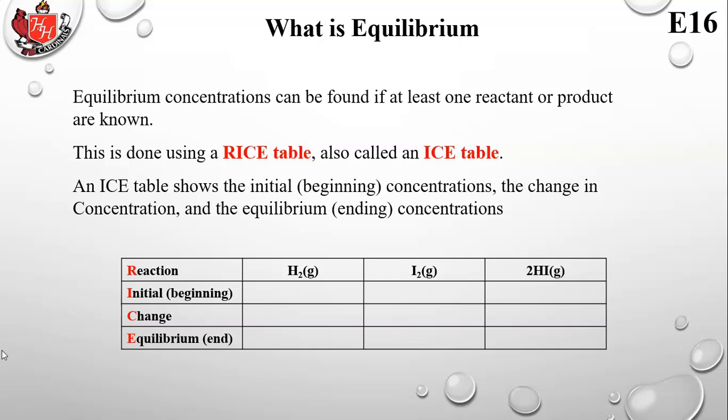In a sense, it almost gives you a worksheet format where you fill in the blanks on that table. Usually you're given initial concentrations and you're asked to figure out the equilibrium. It involves a little bit of algebra. But the idea is to complete that table and then use that to figure out the equilibrium constant or the concentrations of each of the reactants and products.